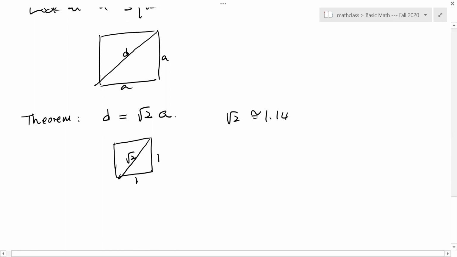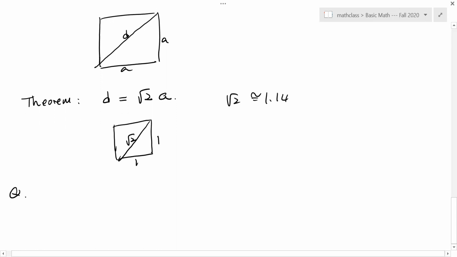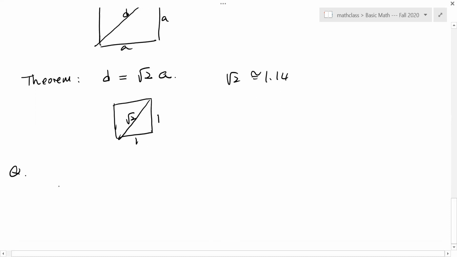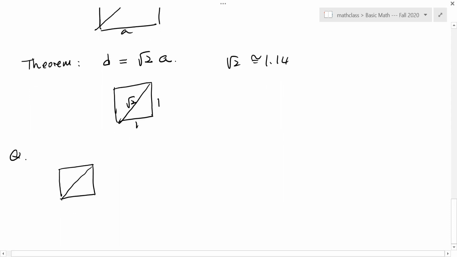So let's do some exercise. We have one square and another square. We use the diagonal to make another square. So there are two squares here. What is the ratio of the areas of these two squares?